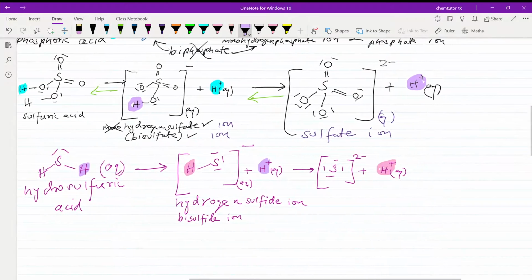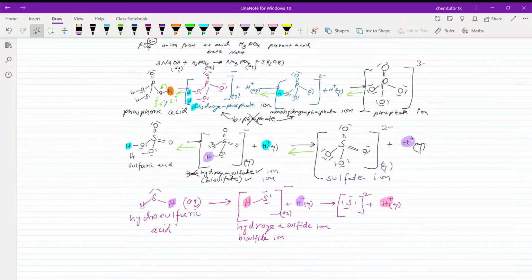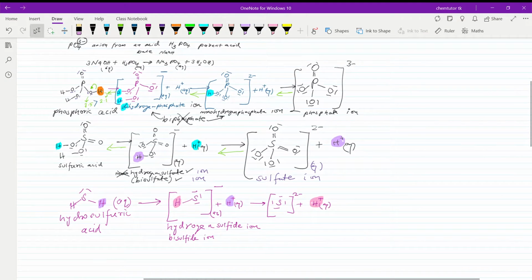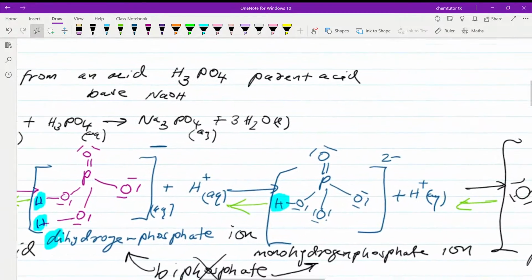So this is the acid derivatives you can do for all the polyatomic anions and anions like this. But make sure the charge is changing, right?